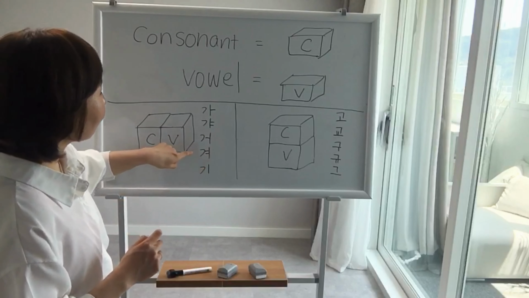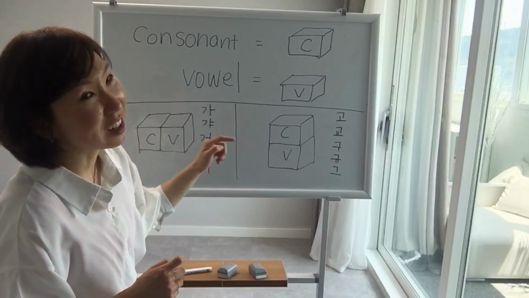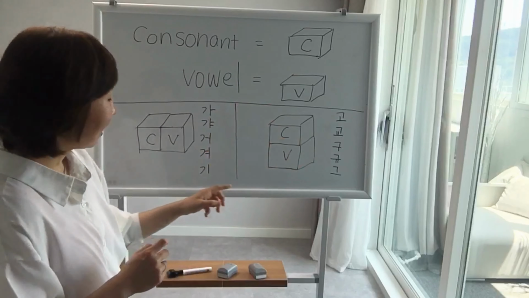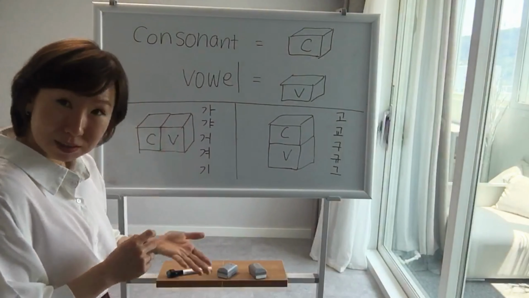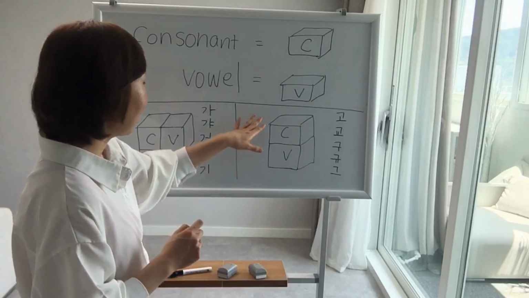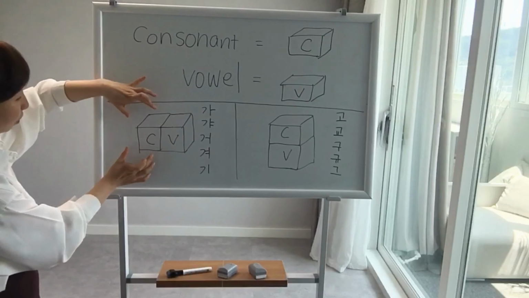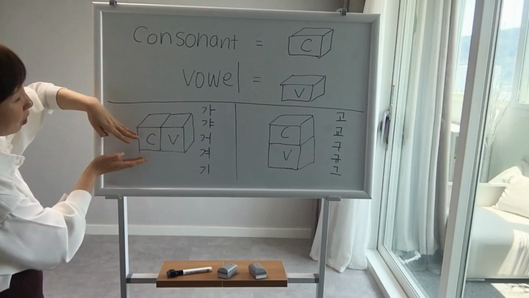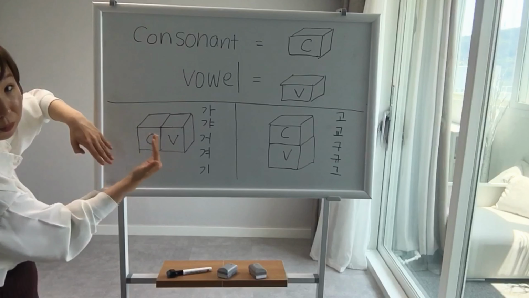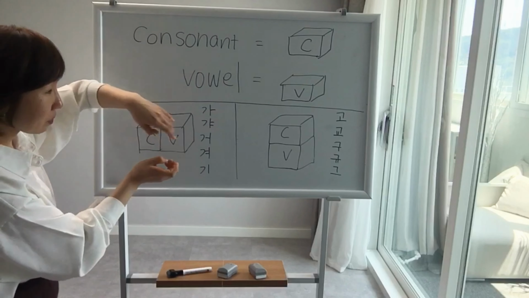And then G, and then Yo, so Gyo, Kyo. And then G, and then I. So Ki. Right? So these are in the horizontal way. So you put the consonant and then the vowel towards the side. And it's always the consonant and then the vowel.